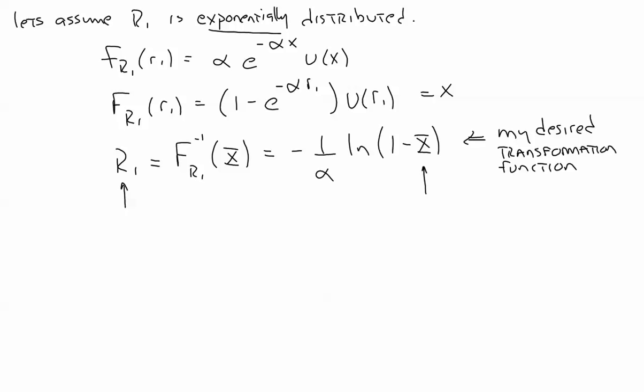We've also found earlier that the mean value for exponentially distributed data is 1 over alpha, and we've also seen that the variance is 1 over alpha squared.